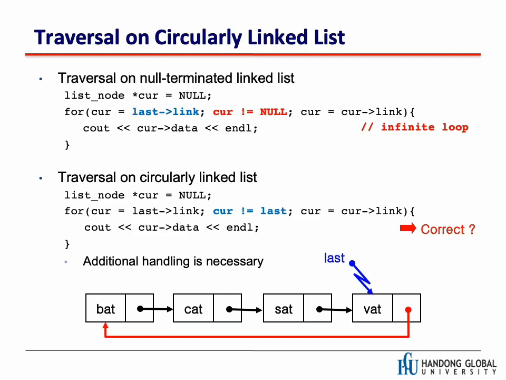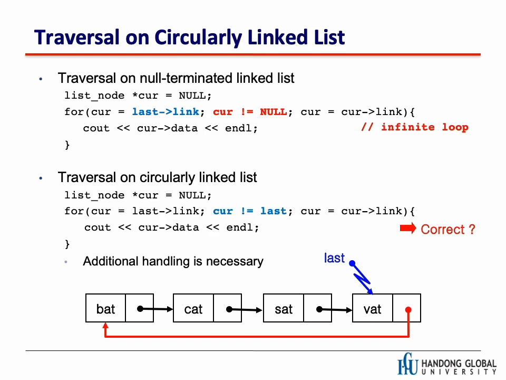Let's assume that we have a circular linked list, and now we want to traverse. Think about something like a print operation. We have a list node pointer car, and car starts from last link, which is supposed to be the head. It starts from the bat in this graph.